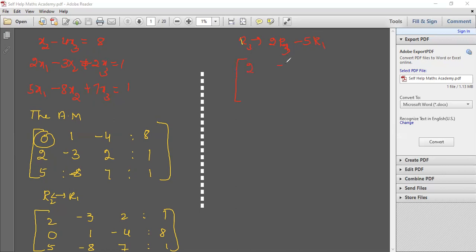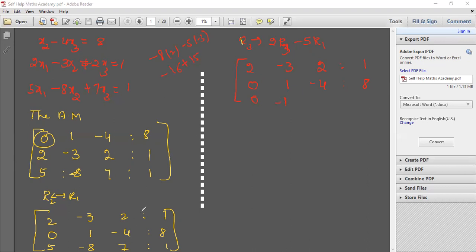The first row is 2, minus 3, 2, 1. The second row is 0, 1, minus 4, 8. And here, 5 into 2 is 10, minus 5 into 2 is 10, that is 0. Then minus 8 times 2, minus 5 times minus 3, so it is minus 16 plus 15, which is equal to minus 1.